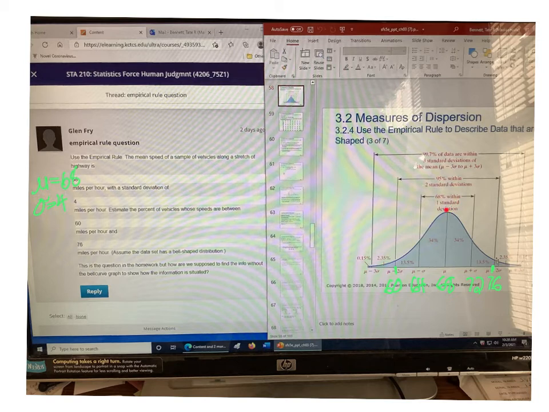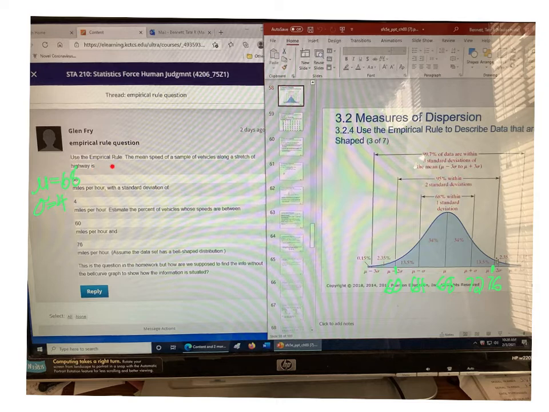Then two standard deviations, mu plus two or mu minus two standard deviations away from the mean, 95% of the data will be within that if you have a bell-shaped histogram like this. And within three standard deviations, you have 99.7%, which is practically all the data. So that's the empirical rule.